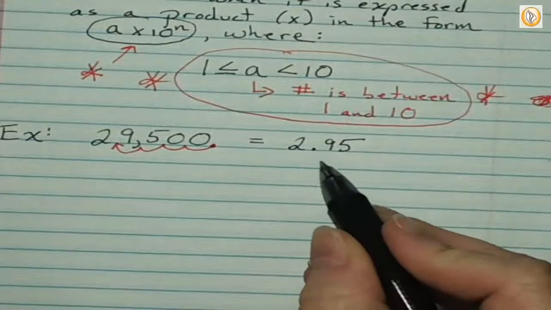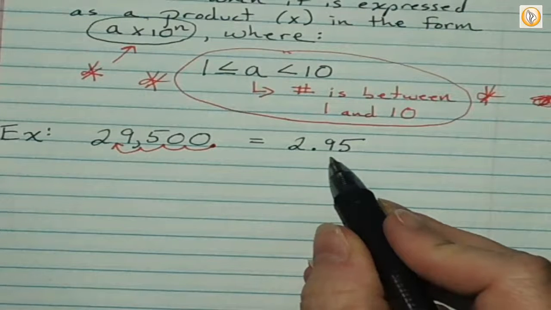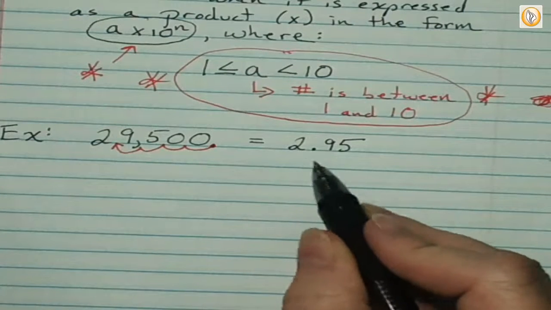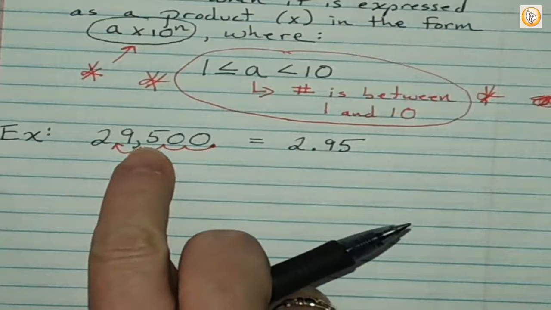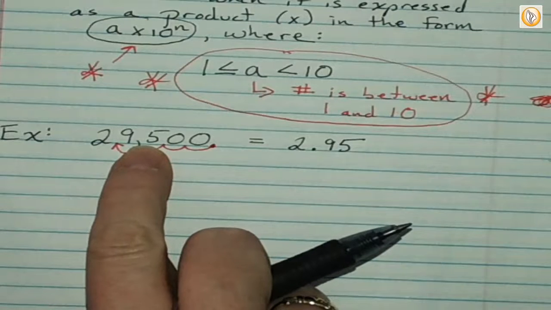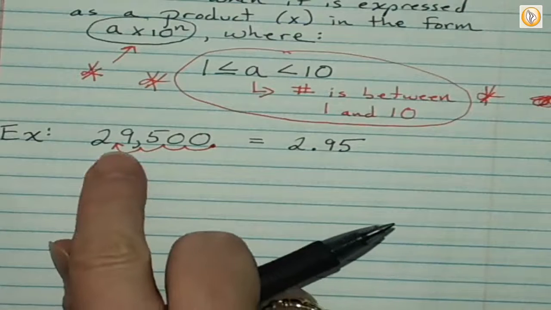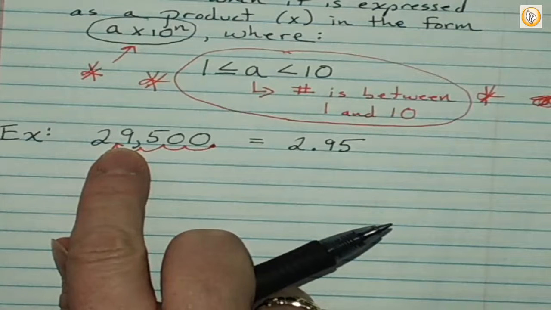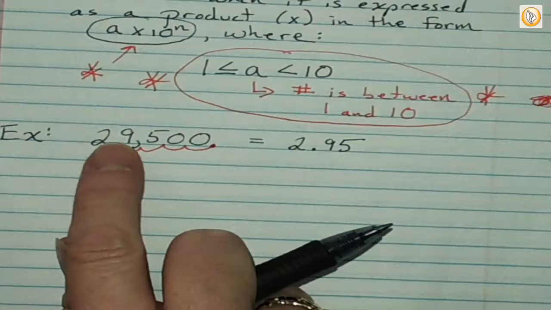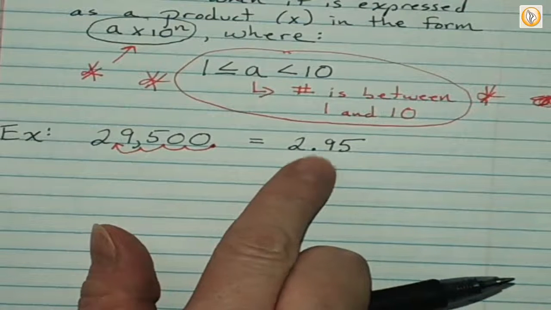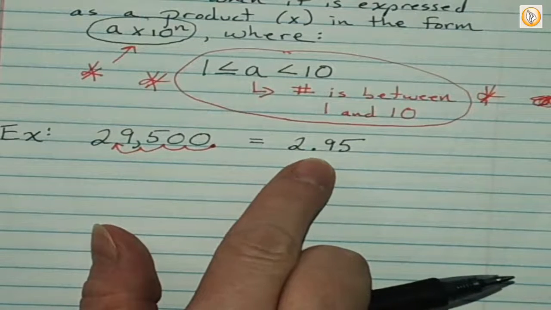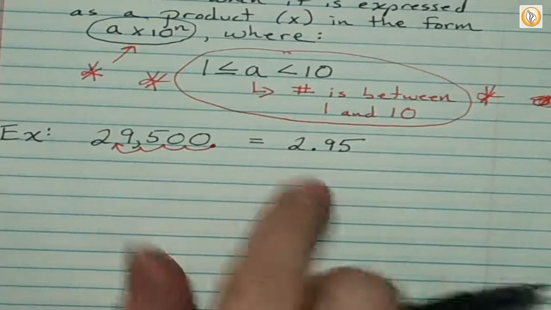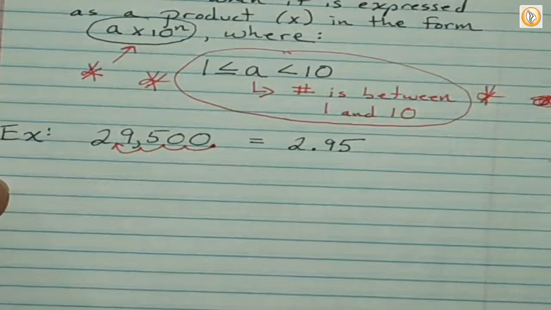Is that number between 1 and 10? Yeah. If I had moved the decimal right here, that would have been 29.5. That is definitely not between 1 and 10. Typically, where should the decimal always be? Right behind that first number. It's always going to be right behind that first number. That's going to make it between 1 and 10.